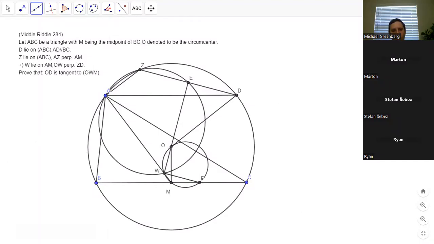Interesting. I wonder if this point, well, we know this is a right angle, but I wonder if it's like parallel. I don't think it is.